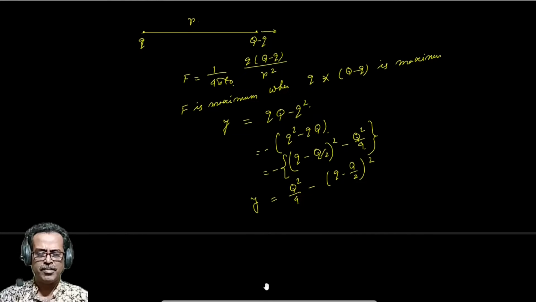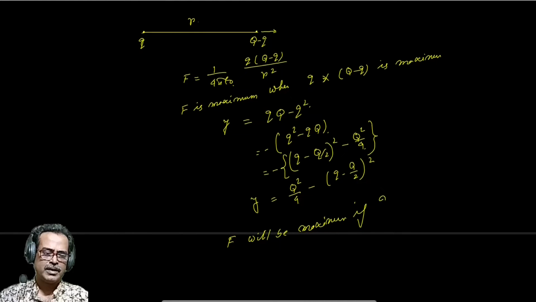So the minimum value of this will maximize the value of Y. As a result, we will get the maximum force. So F will be maximum if q minus Q by 2 is equal to 0. So q is equal to Q by 2, that implies Q by q is equal to 2.